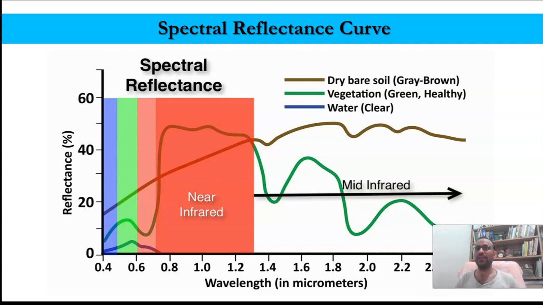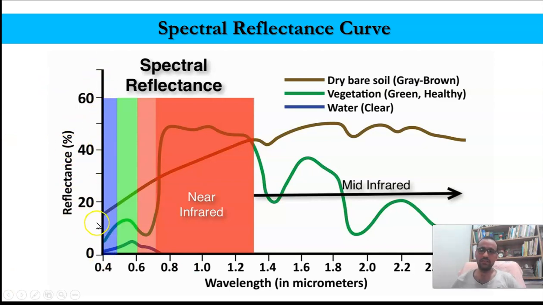So this is the spectral reflectance curve. How do we identify and clarify the signatures? When do we get the highest energy from the different objects? Okay, you're getting my point. You can see this is the reflectance percentage.